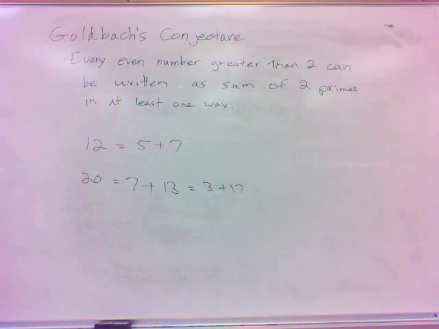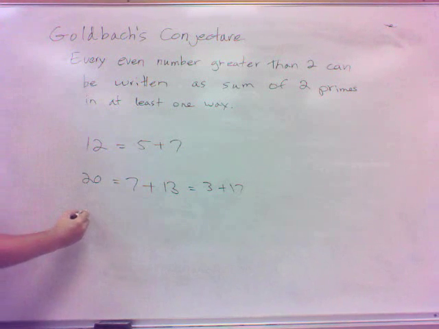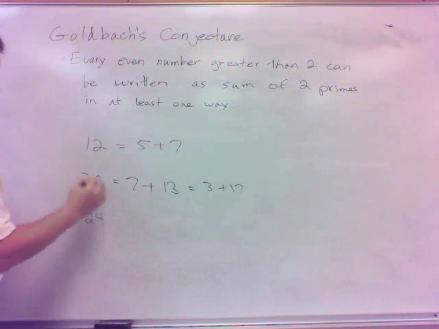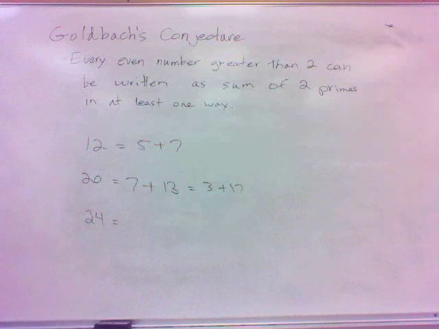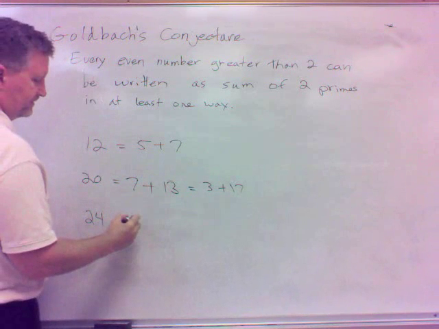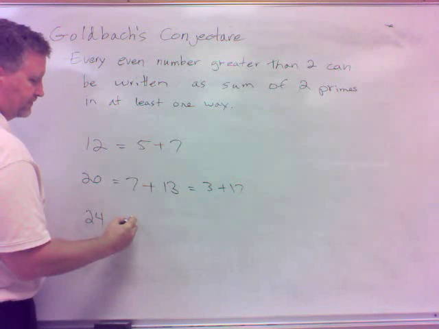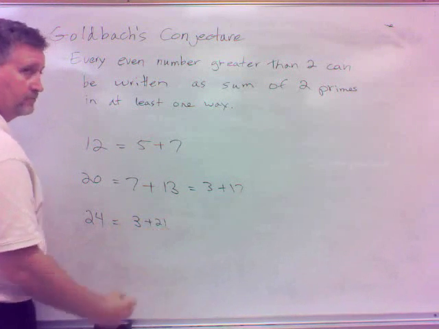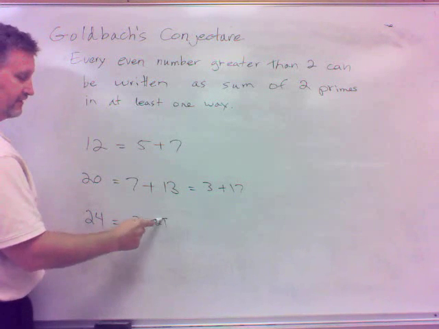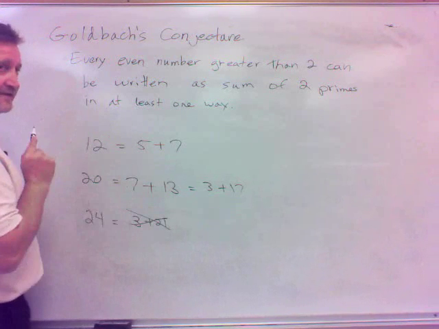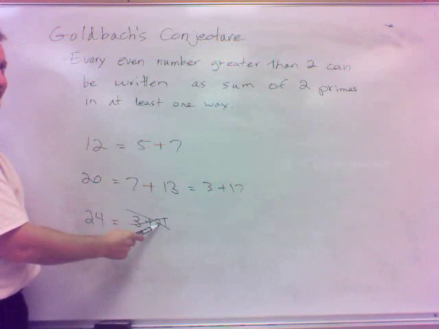Now, what you want to be careful with is, let's see, if I was doing 24, could I do that with, how about 3 and 21? Well, 3 and 21 is 24, but what's wrong with that? That doesn't show Goldbach's conjecture because we're talking 2 primes.